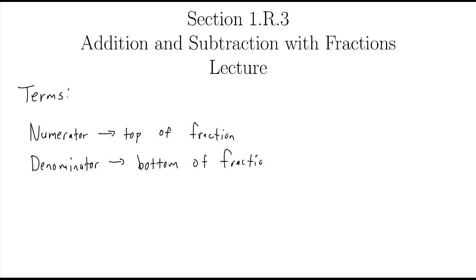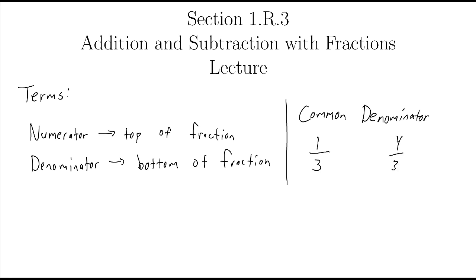Okay. And we want to make sure in this lesson in particular that we find what we call the common denominator, which just means when you have more than one fraction that the denominators are the same. So for instance, 1/3 and 4/3, right?